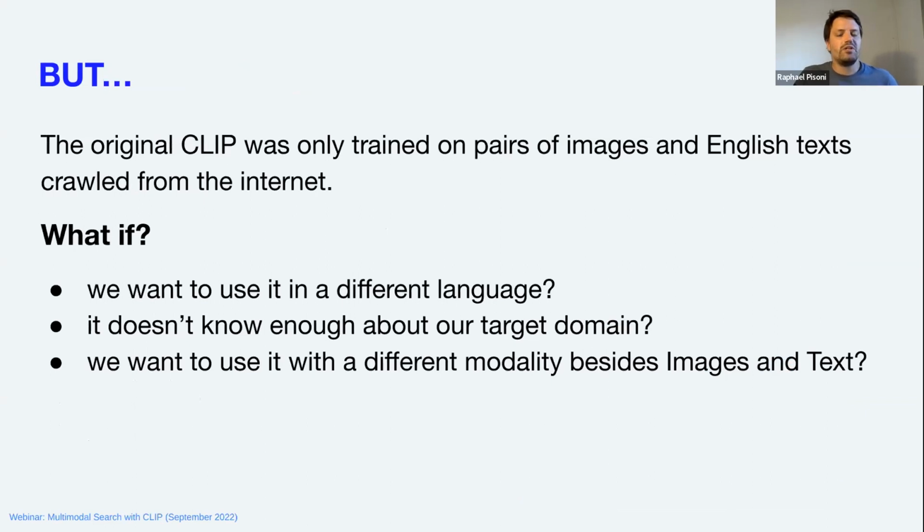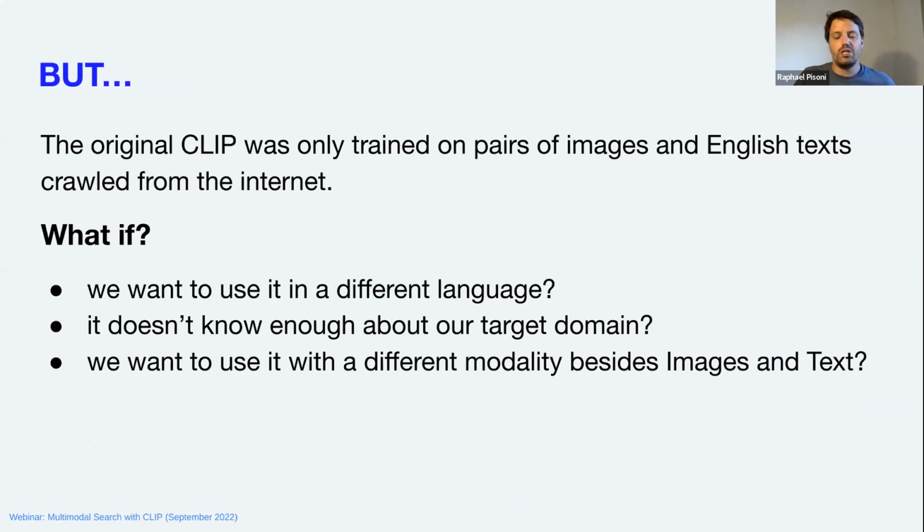But there is a problem because the original clip was only trained on pairs of images and English texts. So you might want to use clip with a completely different language, or you might want to use it for a completely different target domain that the original clip was not trained for, or you might want to use it with a completely different modality besides images or text.